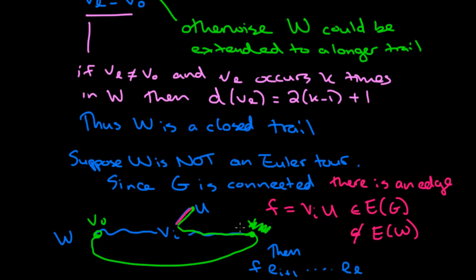Now EL took us to vertex VL, but vertex VL is V0, so then you continue to use the next edge, and the next edge of the walk we called E1. So you use E1 and you keep going until you get to EI. So essentially this whole piece right here, from here to here, this is W. But if you tack on F at the beginning here, now you have a longer walk. So this is a longer walk.